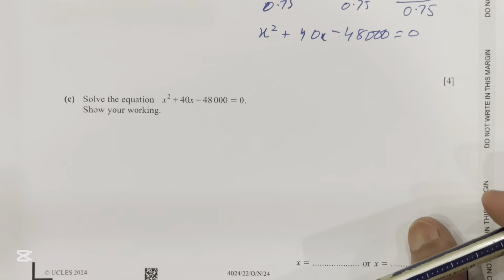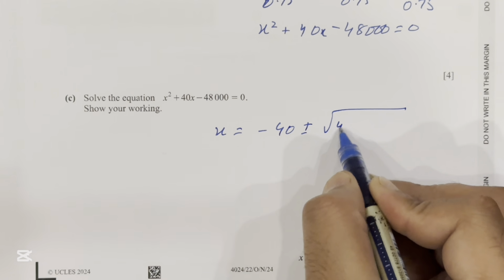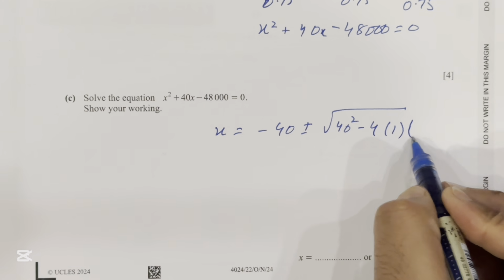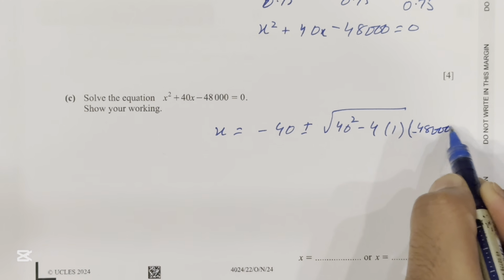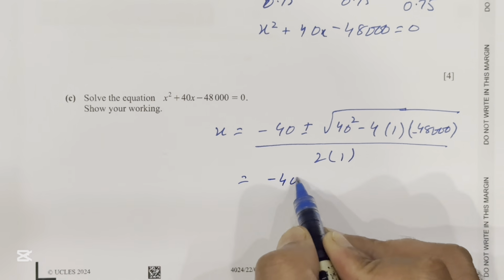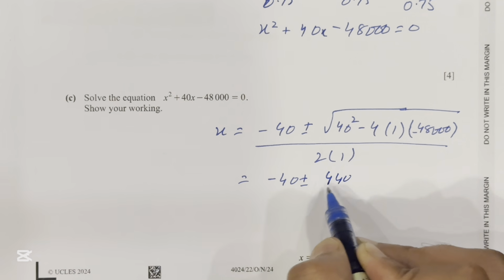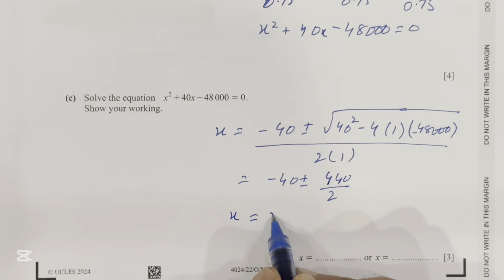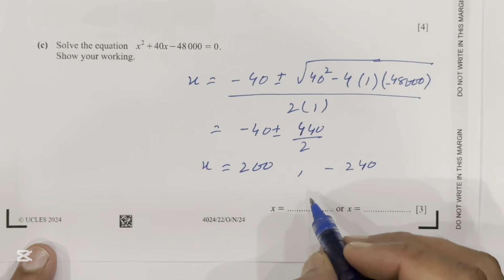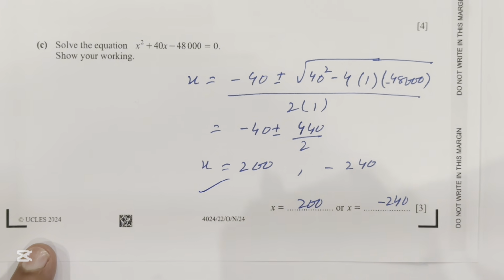So the value of x would be minus b plus minus square root of b square, 40 square minus 4ac, and a coefficient is 1 and c is minus 48,000, and divided by 2a, it is 1, so it is equal to minus 40 plus minus 440 over 2. So two values of x would be 200 and minus 240. And you know for this question x cannot be negative, so this value is used in the next part.